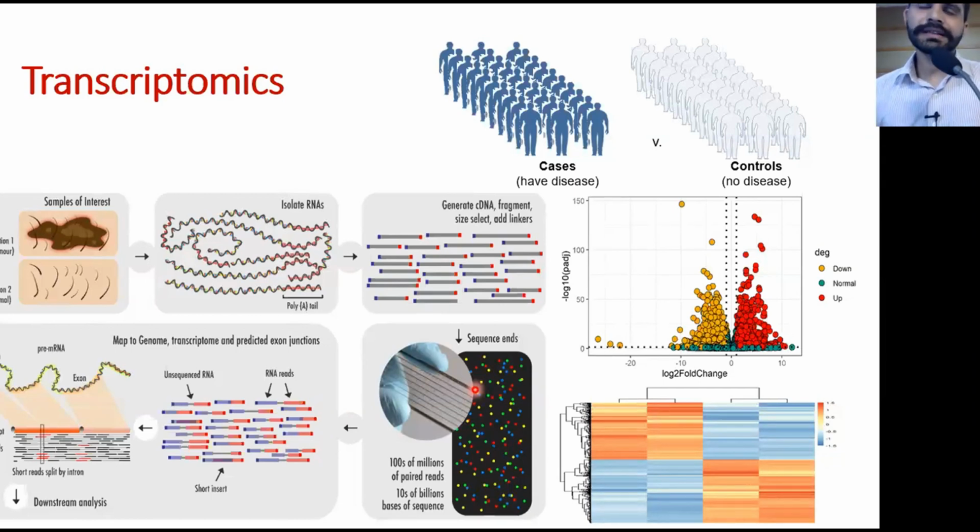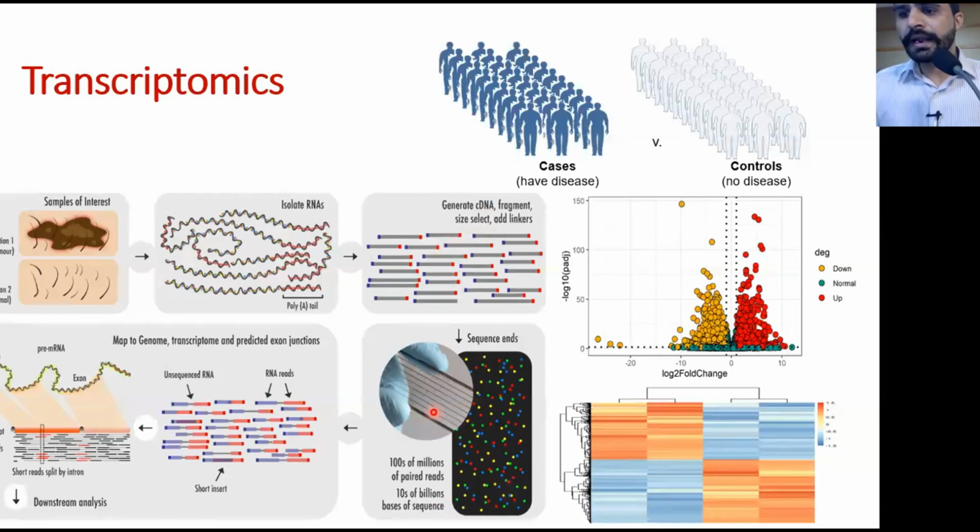But there is another aspect of this study, that is transcriptomics, where we are interested in what genes are being influenced because of some mutations or some other reasons. For that we take disease samples and also control samples, and we isolate total RNA from them. We fragment that RNA, and first we generate cDNA and then fragment it and attach some linkers, adapters, that are necessary for sequencing purposes.